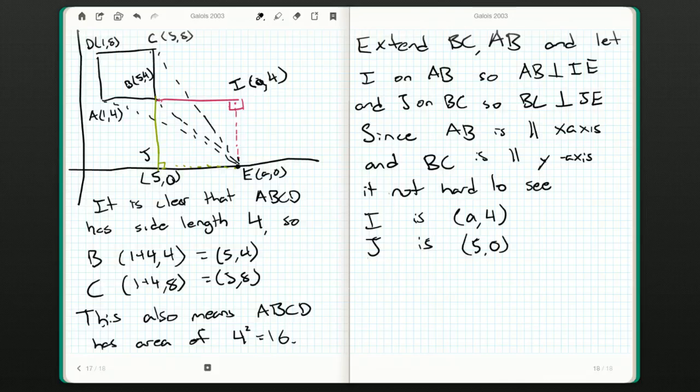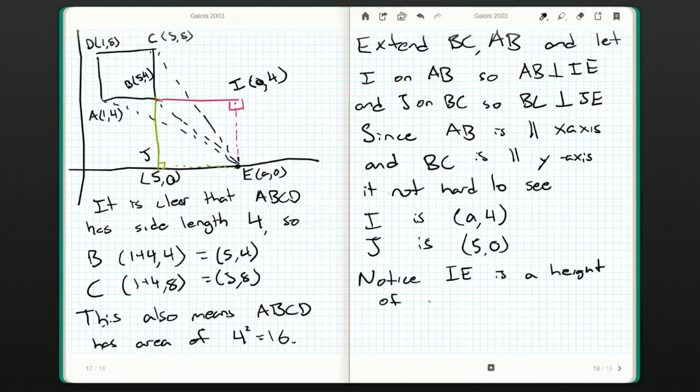Now notice that we have a height of our triangle ABE and we have a triangle of CBE. I and J were chosen specifically so that they would be heights.